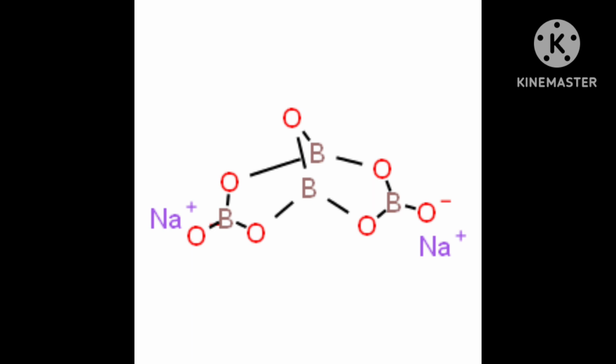Then B2H6 plus NMe3. Me means methyl group, CH3.